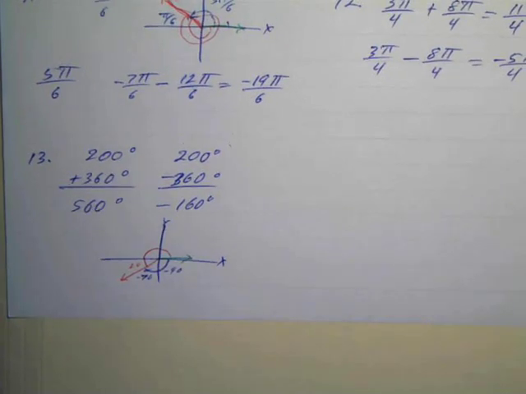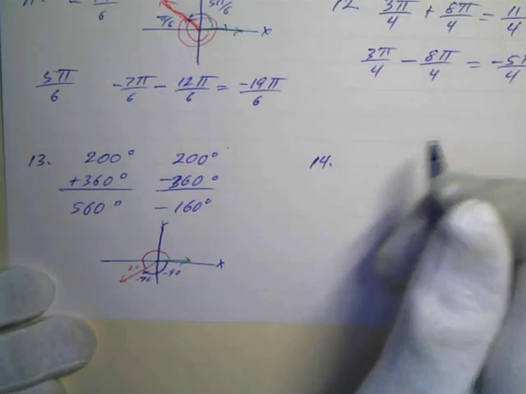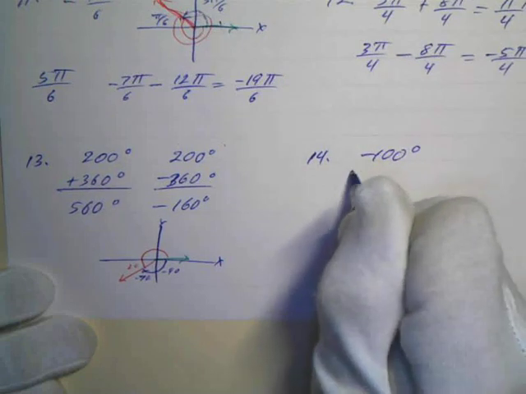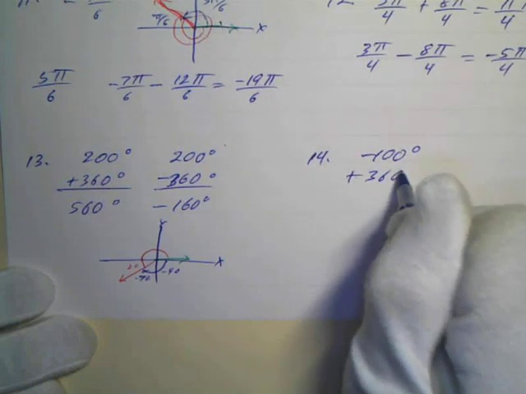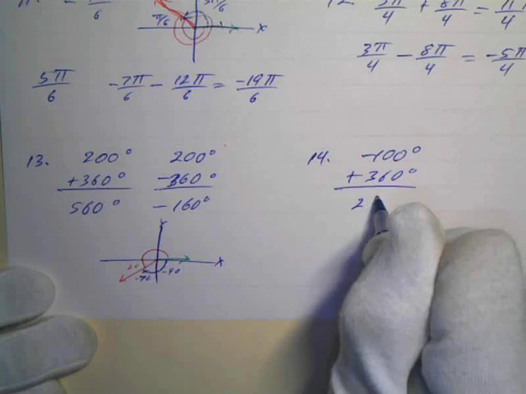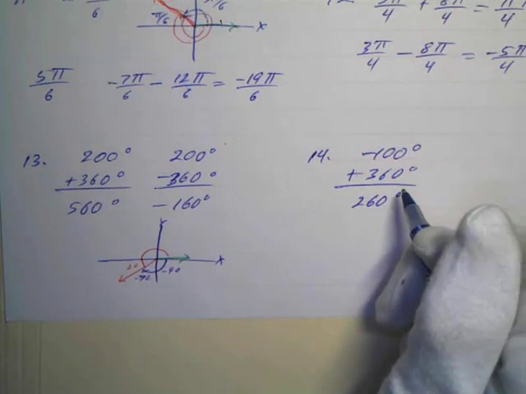And then number 14. Negative 100 degrees. I just add 360. I'll get 260 degrees. So that's a positive coterminal angle.